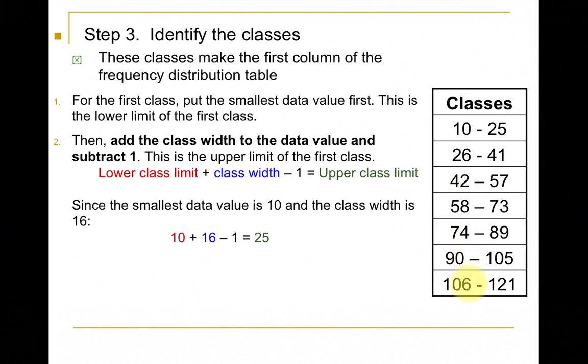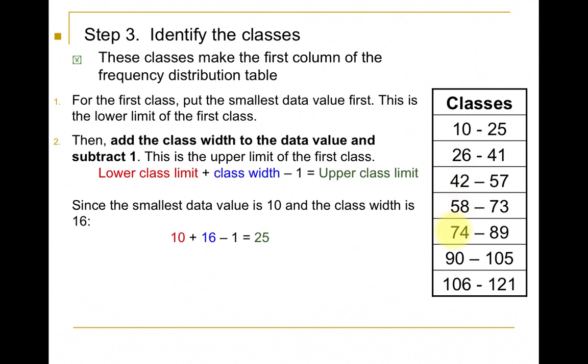There is a shortcut. Once you get the very first row, you can quickly fill up this entire column of classes by simply noting that if you take 10 and you add the class width, which is 16, you get 26. If you take 26 and you add the class width, which is 16, you get 42. Plus 16 is 58.